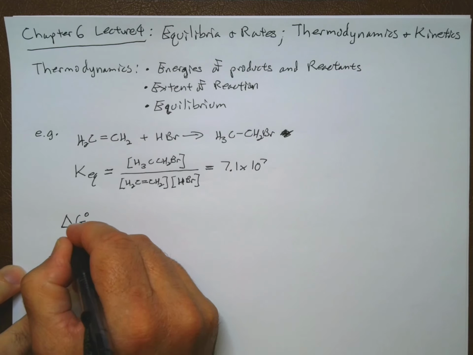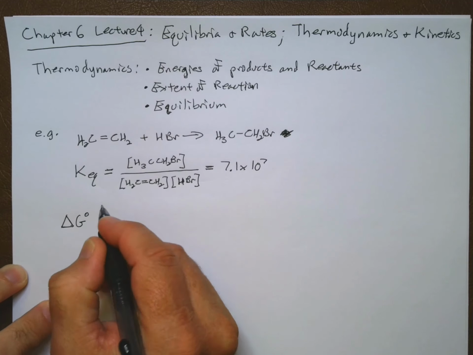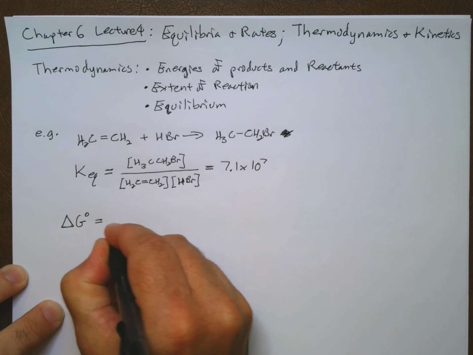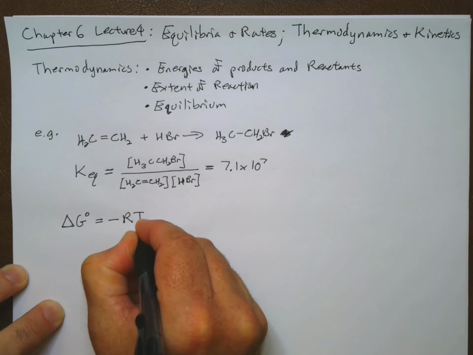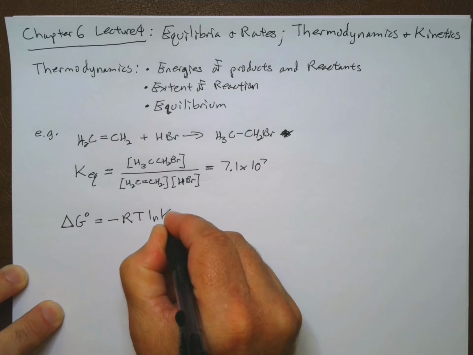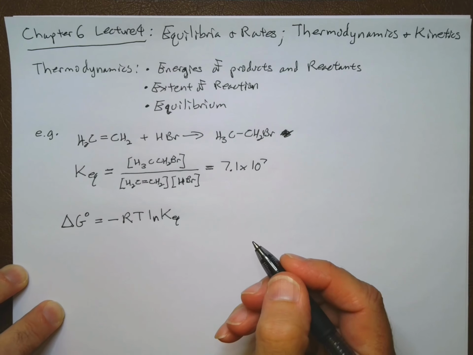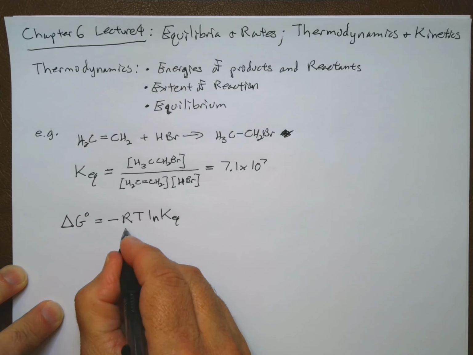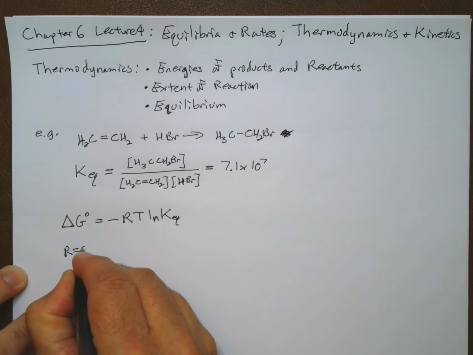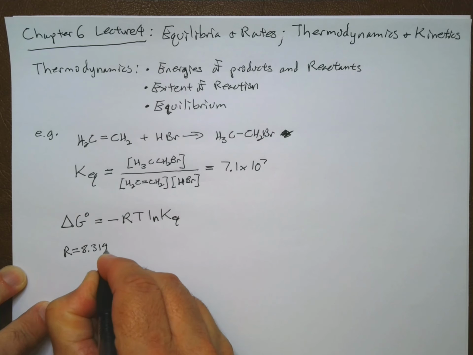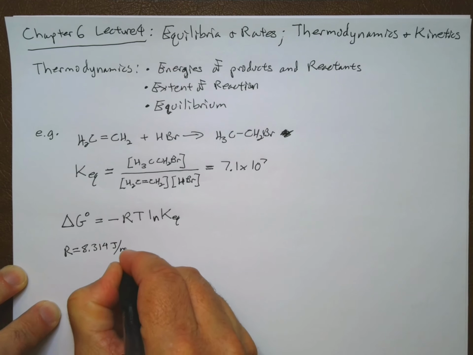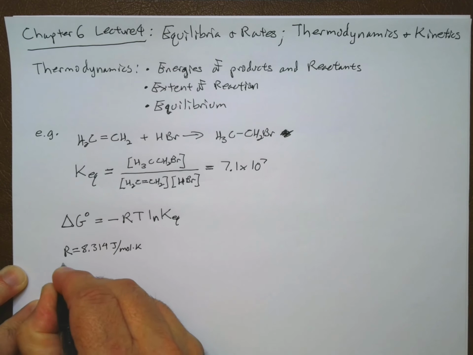And this is our standard free energy change, delta G naught. And that equals minus RT times the natural log of KEQ. So R is the gas constant, 8.314 joules per mole Kelvin.